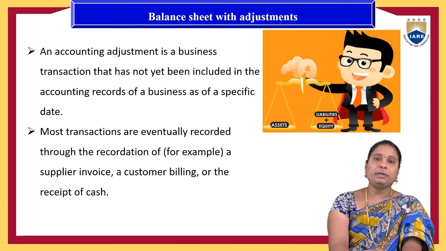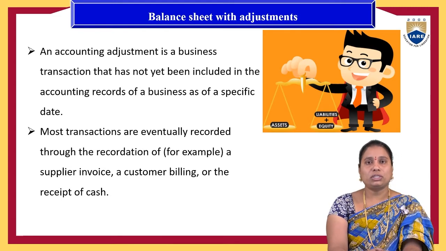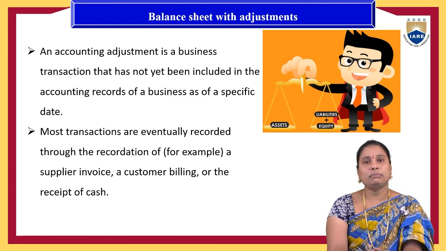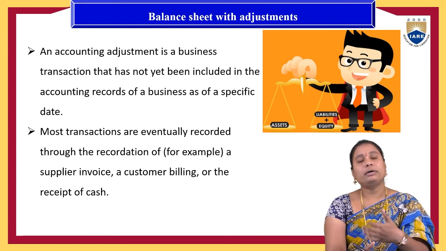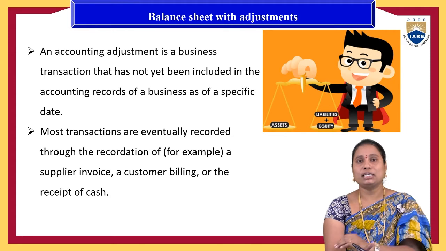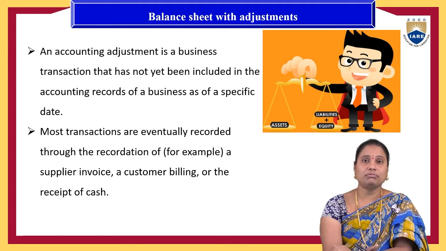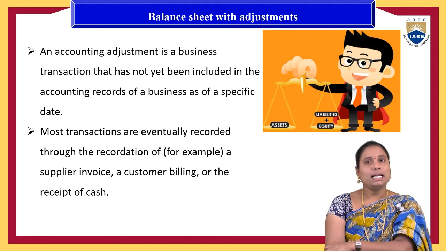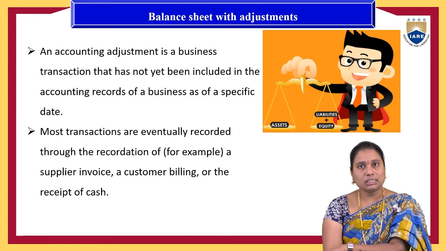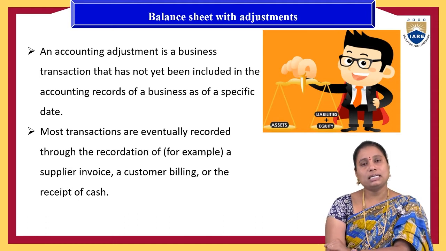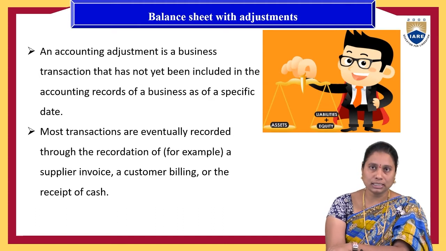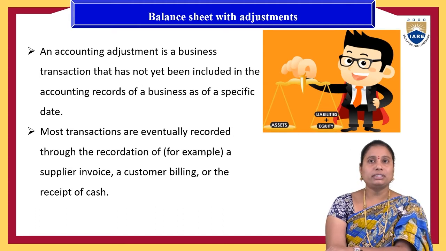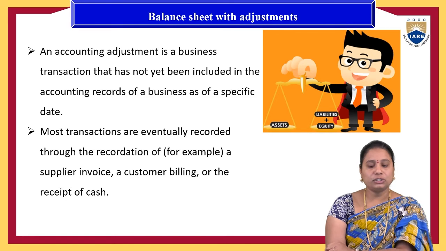In that accounting period, by the end of March 31st, the organization was unable to receive some outstanding expenses. Later on, they received them. Then they have to add them under the adjustments. That is, accounting adjustments are for business transactions not yet done or anything not considered. That will be treated as balance sheet adjustments.